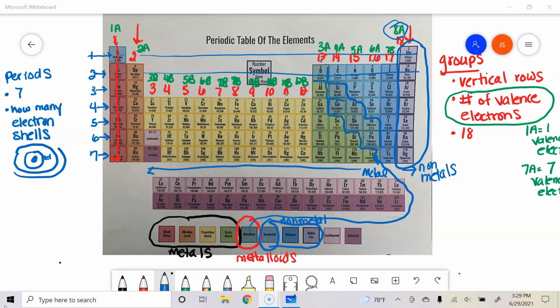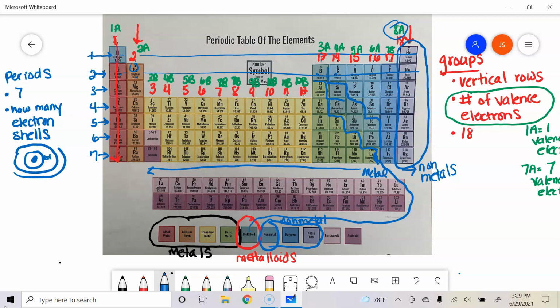We talked about this way back in week 1, but these are all organized based on their atomic numbers, going from left to right. So here's 1. Hydrogen has 1 proton, 2, and then 3, then 4, and 5, then 6, and 7. So they're also arranged based on the number of protons that they have.